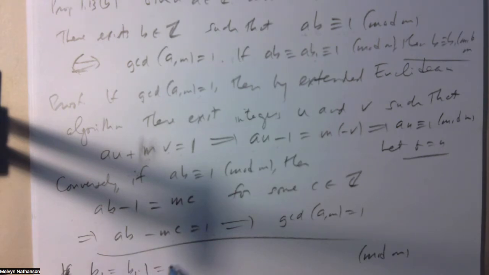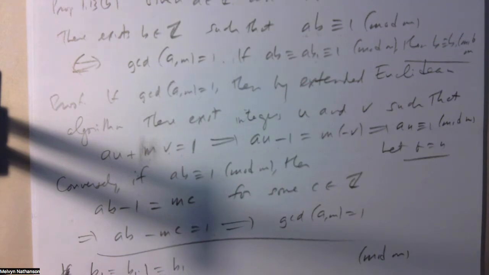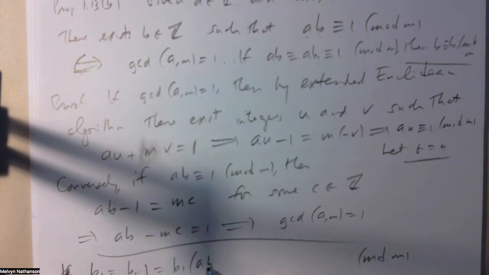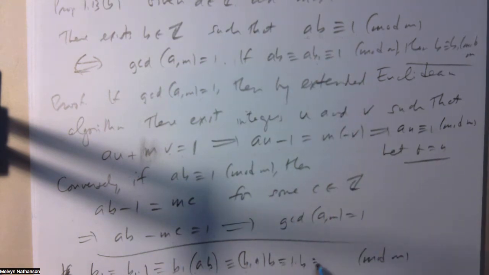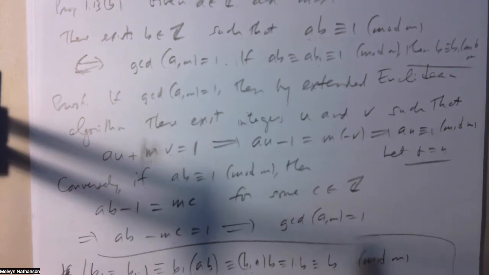But I can write 1 as AB, because AB is congruent to 1 mod M, which is the same as B1 times AB, and B1A is 1. This is 1 times B, which is B, so B1 is congruent to B mod M.